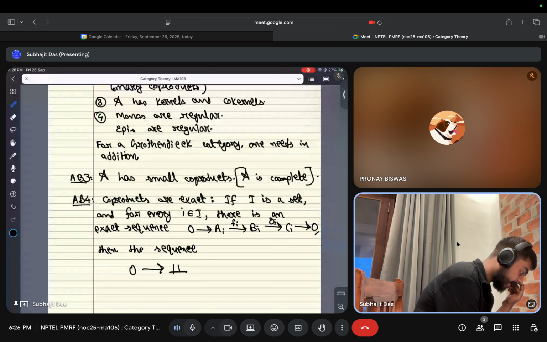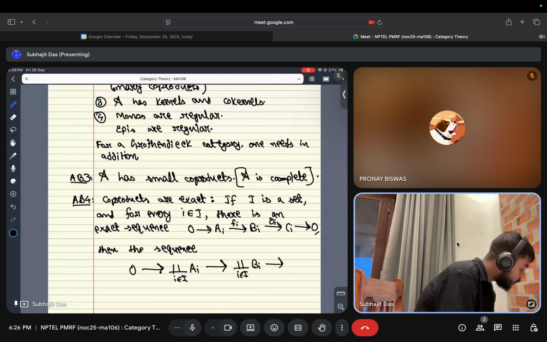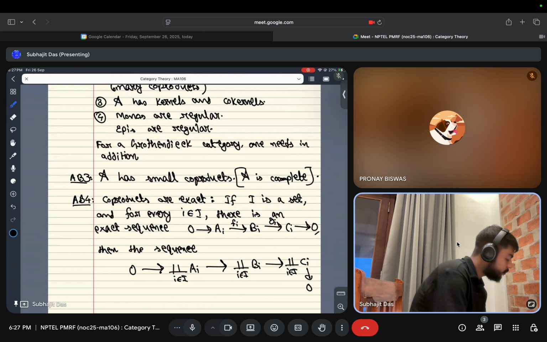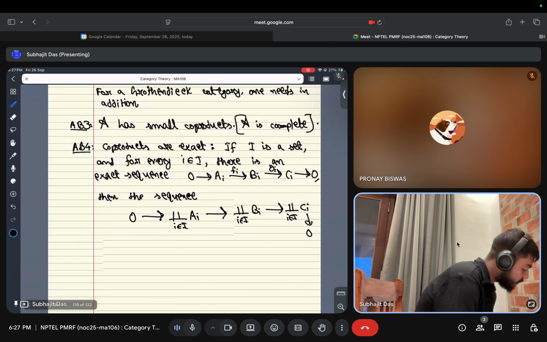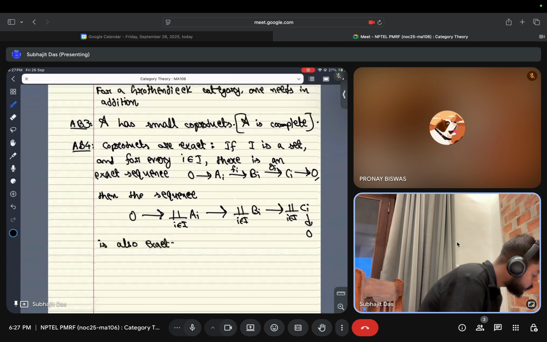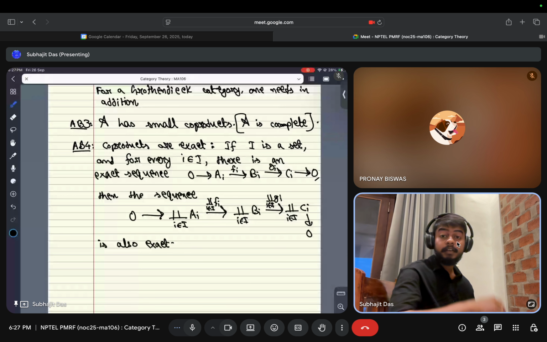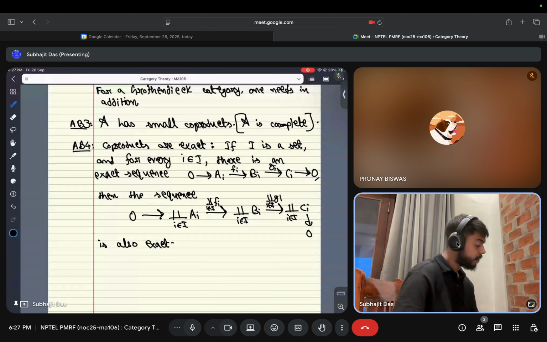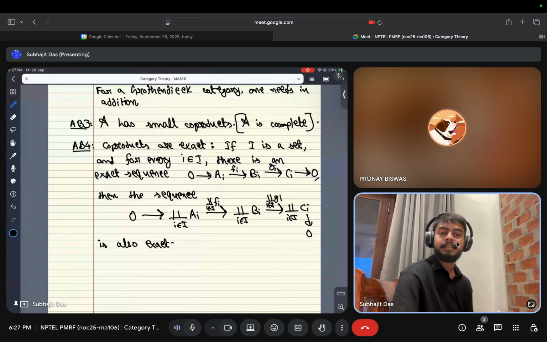Coproduct over i in I of A_i, to coproduct over i in I of B_i, to coproduct over i in I of C_i, to 0 is also exact. And we can guess what the maps in between are: this is coproduct of f_i, this is coproduct of g_i, i in I. Okay, so this is all that it says. Coproducts, yeah.